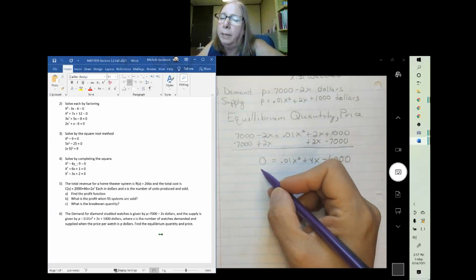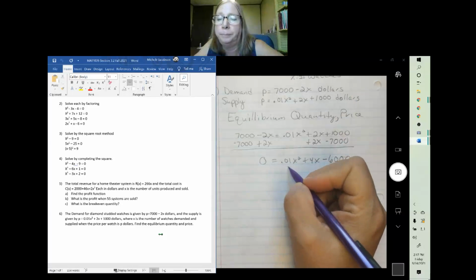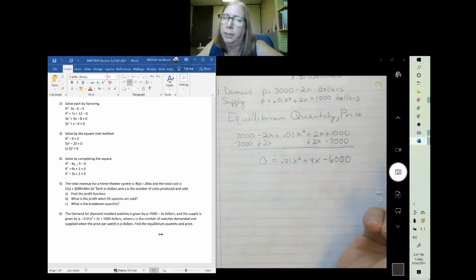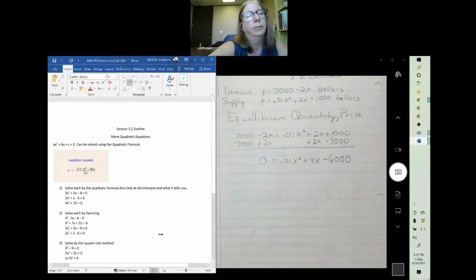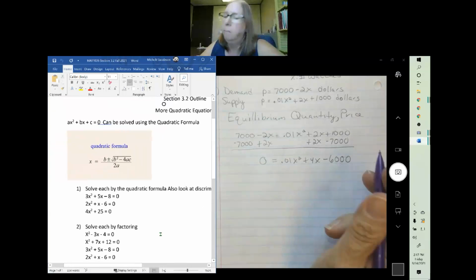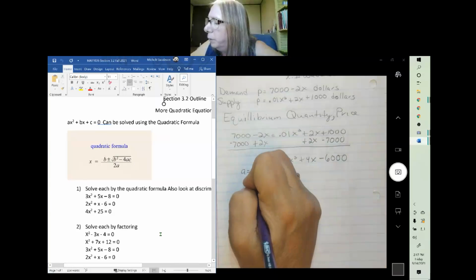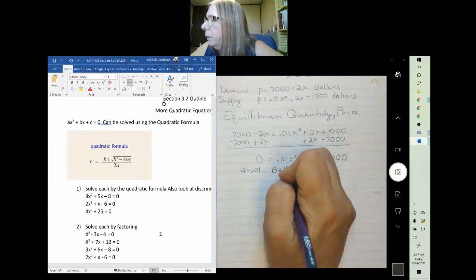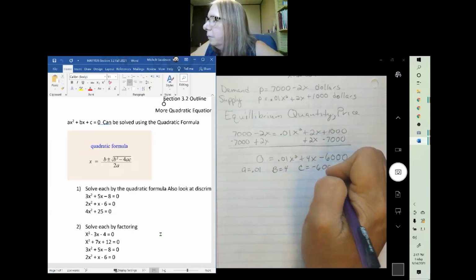You could multiply everything by 100 to make this a 1, but then these numbers are getting large, so I would just use the quadratic formula. Here's the quadratic formula. A is with the squared term, so it's 0.01. B is with the x term, it's a 4. And C is the constant, it's negative 6,000.